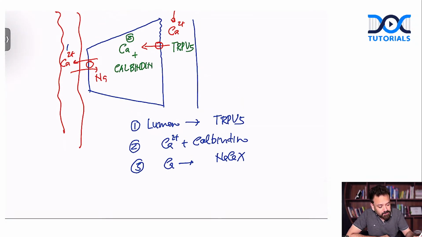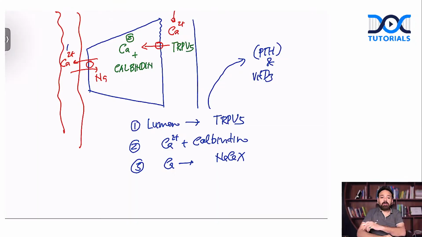And these steps are controlled by which hormone? Parathormone and vitamin D3. So calcium is reabsorbed and the reabsorption of phosphate is inhibited. That is why blood calcium will increase and blood phosphate level will decrease.